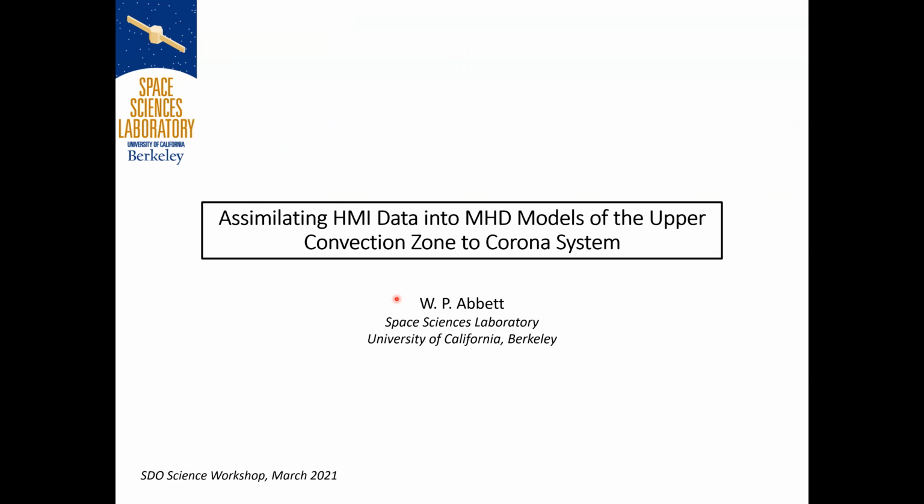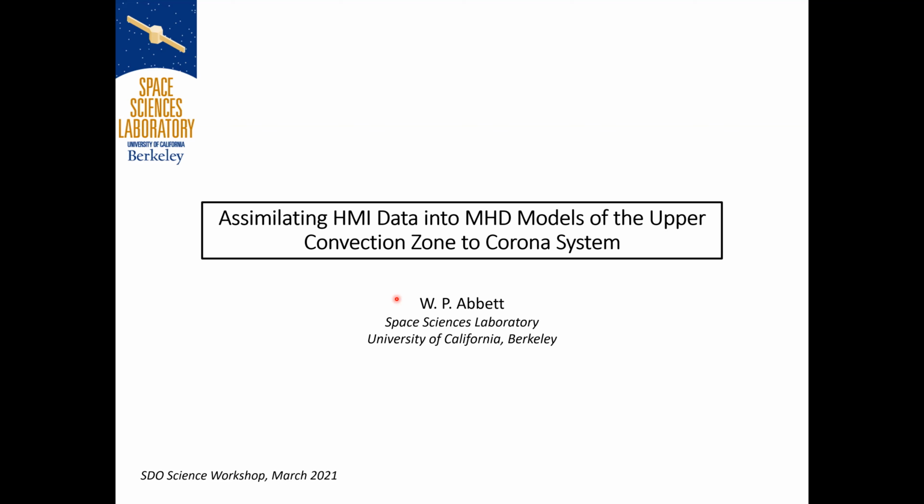Coming from the modeling community, I remember seeing some of the first images and movies of HMI vector magnetic field data. I remember thinking and talking with others in our group: wow, wouldn't it be great if there was some way that we could be a bit more like the meteorological community and take this type of data and assimilate it directly into the active cells of an MHD calculation of the solar atmosphere.